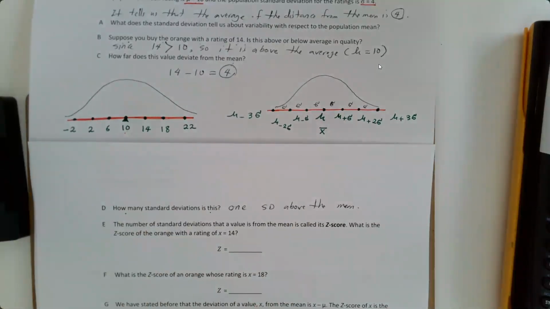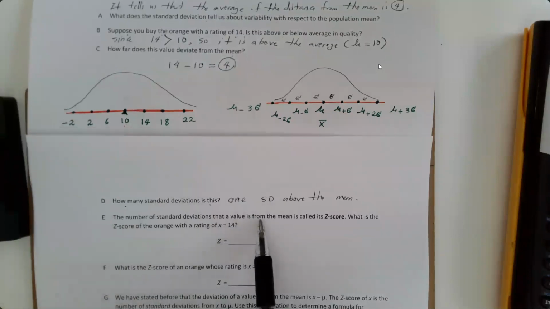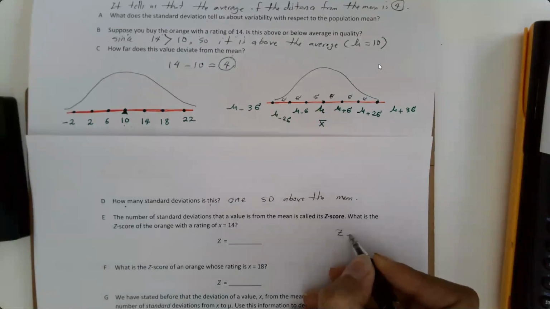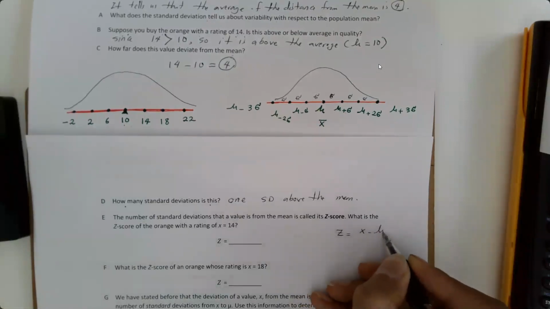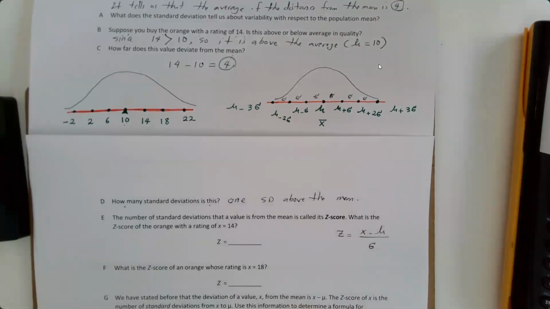Next question, it says, the number of standard deviations that a value is from the mean is called the z-score. We know that z-score is equal to x minus mean divided by sigma. So let's calculate that. What is the z-score of an orange with a rating of 14?